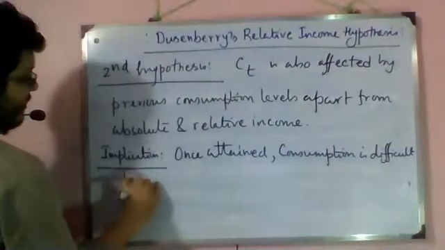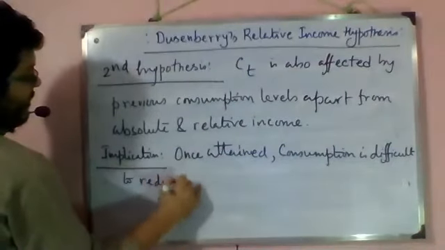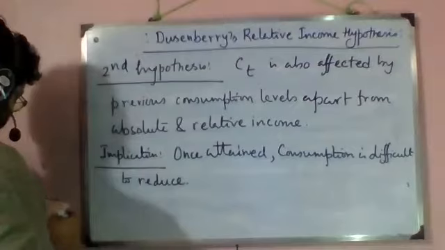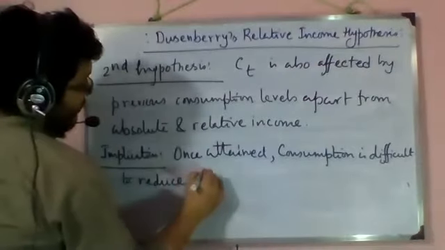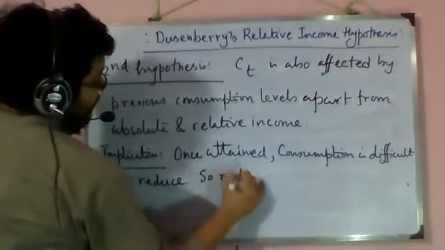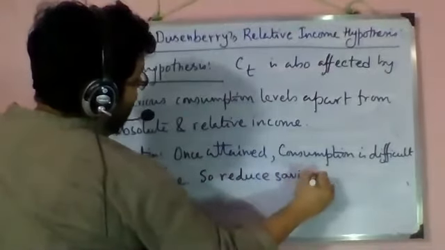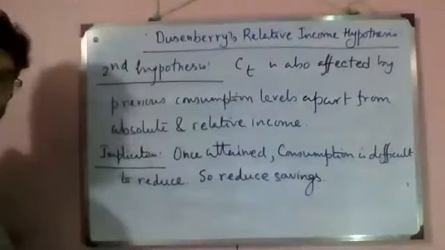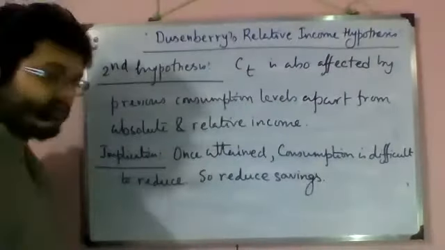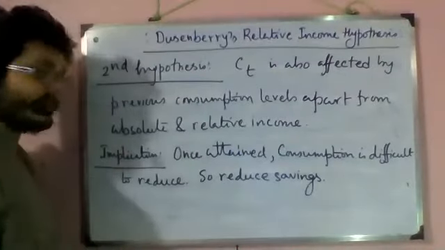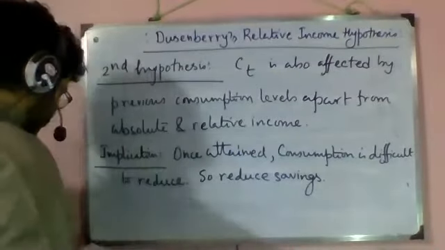Once attained, consumption is difficult to reduce. But if you do not reduce, then you have to reduce savings. You don't want to curtail consumption, so you have to curtail something. And the only option remaining is savings.